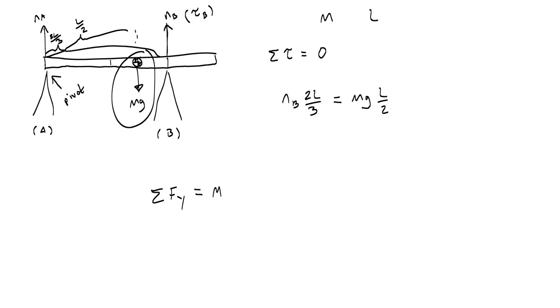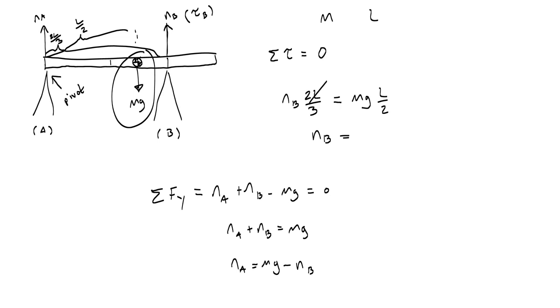So that would say NA plus NB minus mg equals 0. Or we're effectively saying that NA plus NB equals the weight, mg. So from this, I could say something like NA equals mg minus NB. And since I know that NB is going to be equal to, we can cancel out the L. There we go.